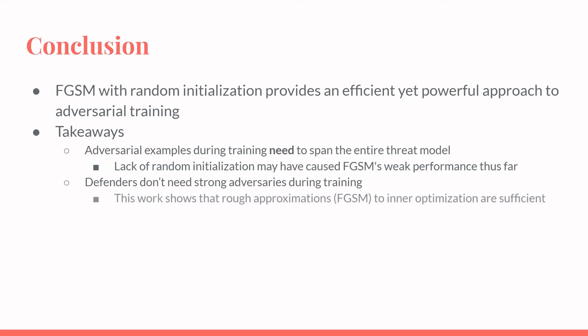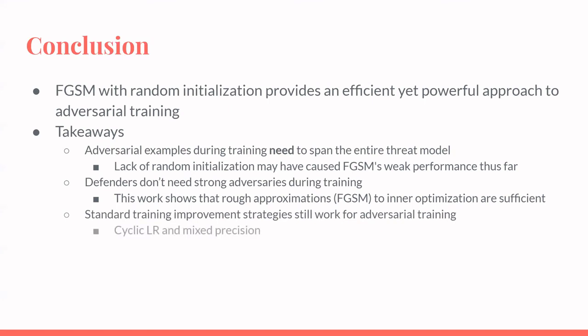However, this work shows that rough approximations via FGSM are sufficient for robust models. Lastly, the authors show that standard training improvement strategies still work for adversarial training. This is just referring to the cyclic learning rate and mixed precision. They're showing that these strategies can be used not only for standard training, but also for adversarial training.